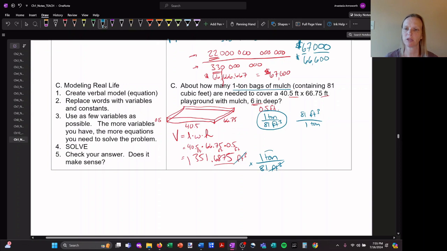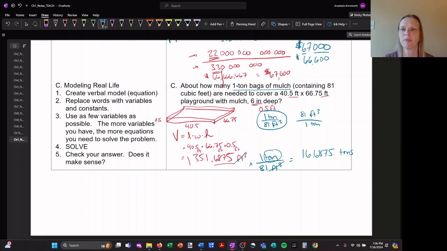And so the only units I have left are these tons. And that's what I want to convert to. So if I do this multiplication problem, 1,351.6875 times 1 divided by 81 gives 16.6875 tons.